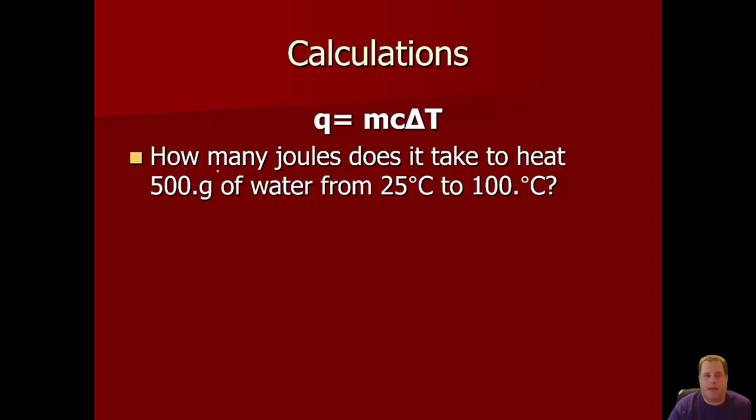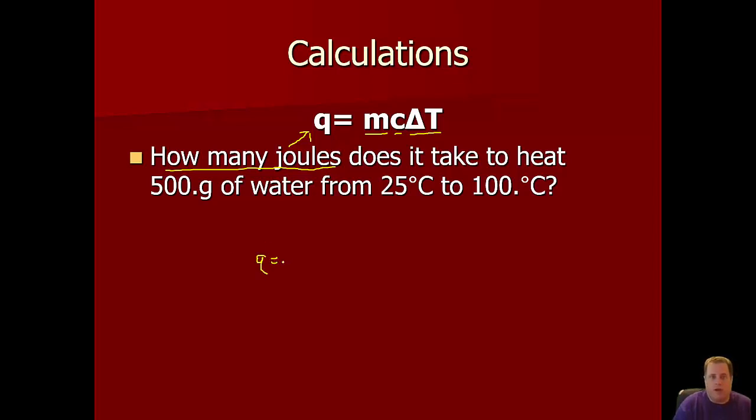When it says how many joules, we know we're solving for Q. We need the mass, the specific heat, and the delta T. We have all that, so it's really just plug and chug.